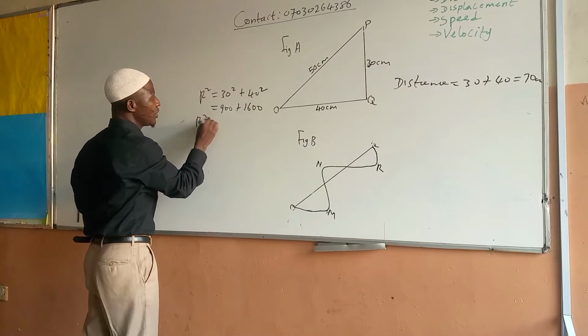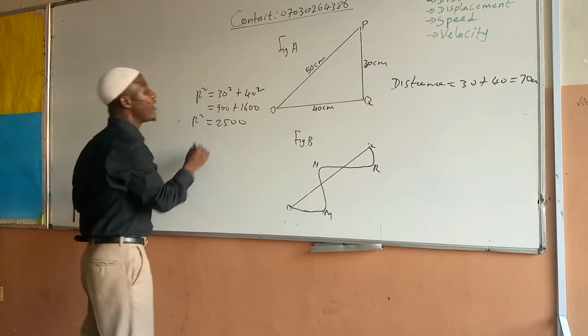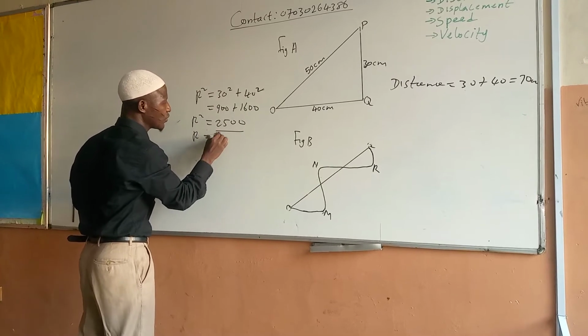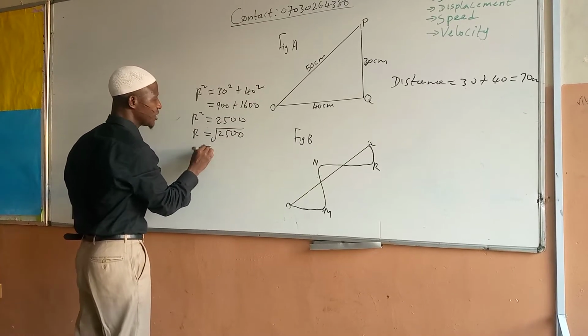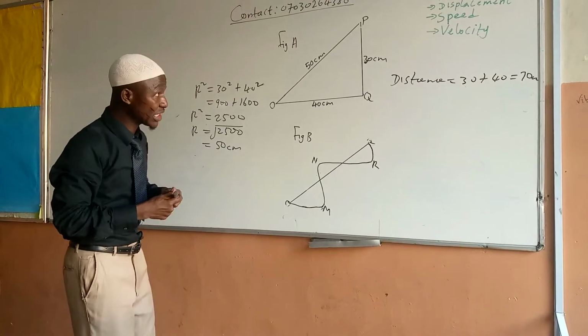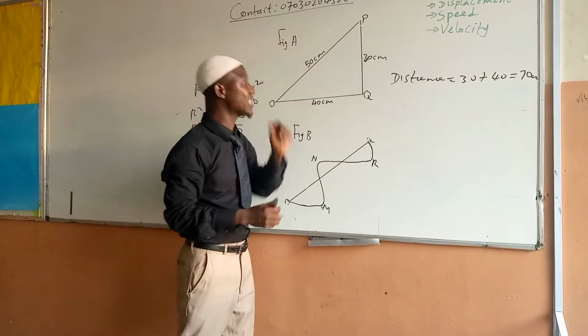Therefore, R squared will give us 2500. You now find the square root. Therefore, the hypotenuse will give us the square root of 2500, which is equal to 50 centimeters. Therefore, the displacement, that is the shortest distance covered, is 50 centimeters.